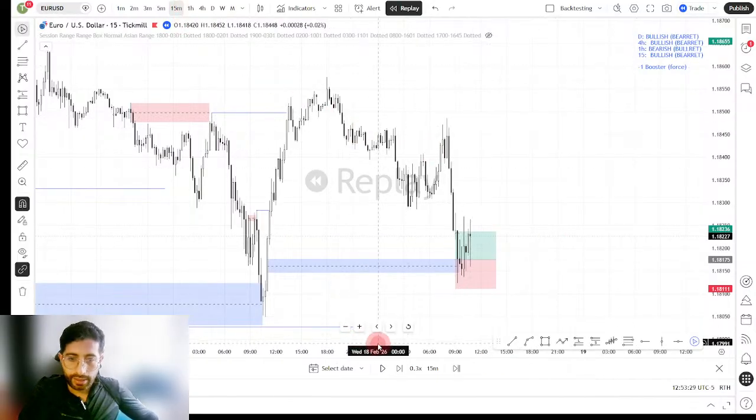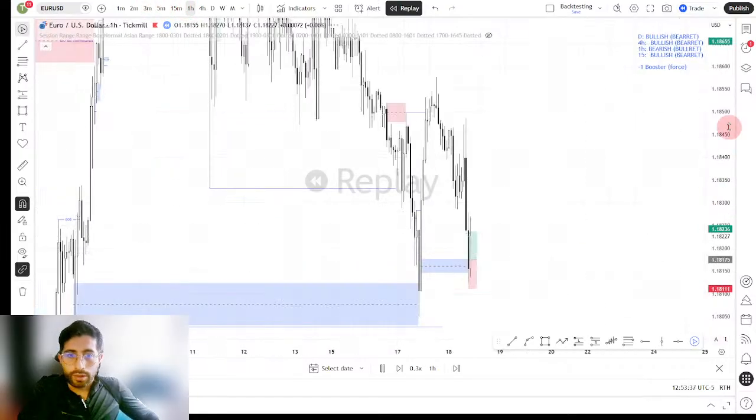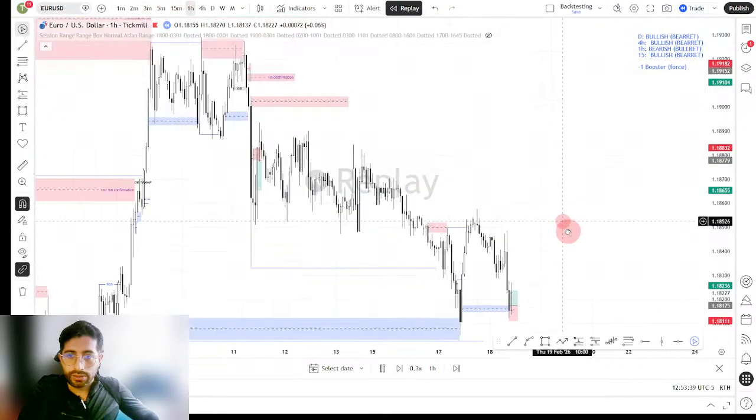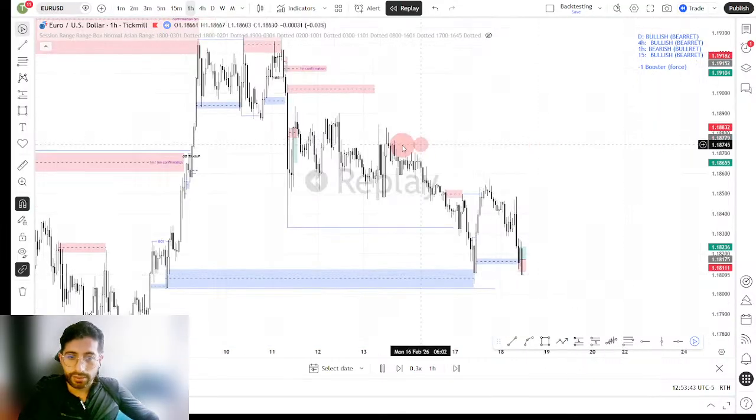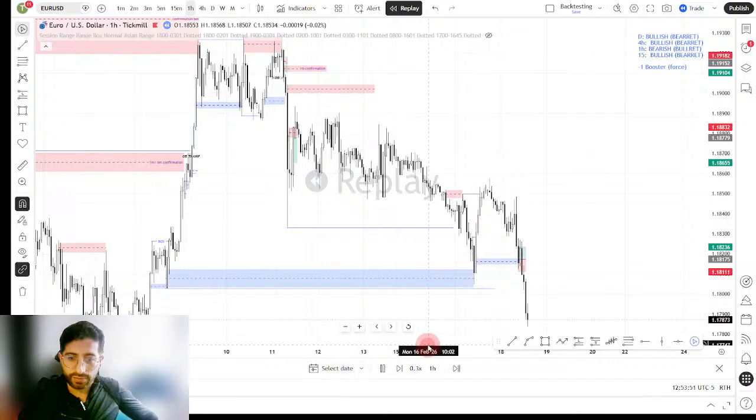Let's put a play and let it play. So in 1 hour time frame, as you can see here, we're not bullish, we're bearish. The reason why the price reacted on this block was because of the next reason. Let me tell you why.